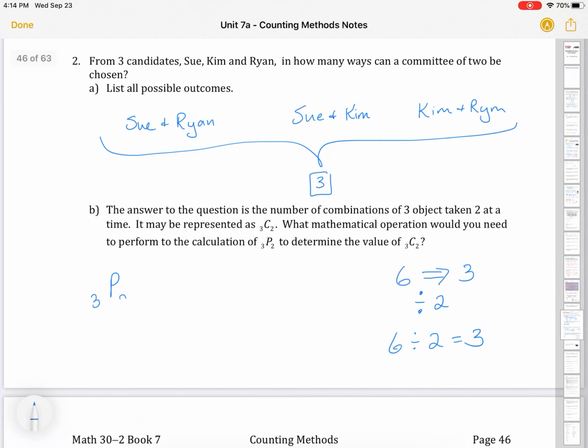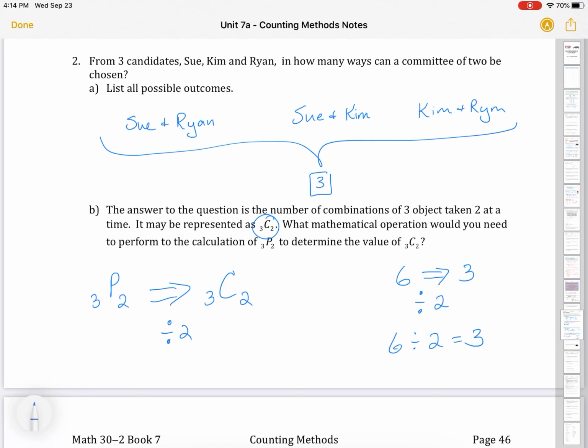So that means to get from 3P2 to 3C2, I would divide by 2.